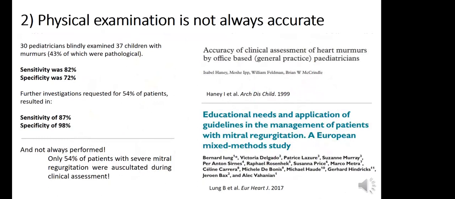The physical exam is an important part of clinical assessment and is heavily relied on in order to establish a specific diagnosis. However, the physical exam is not very accurate.